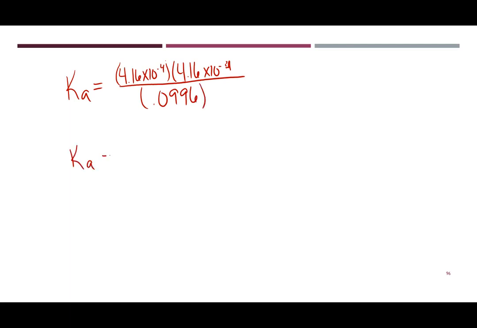So our Ka is 1.74 times 10 to the negative 6.